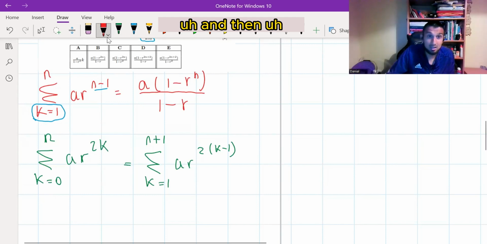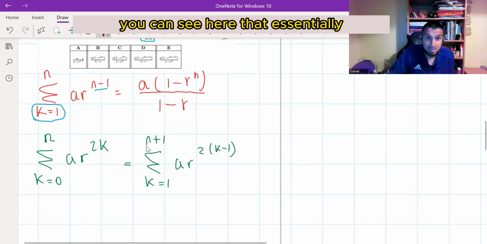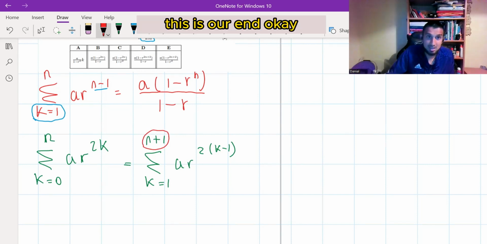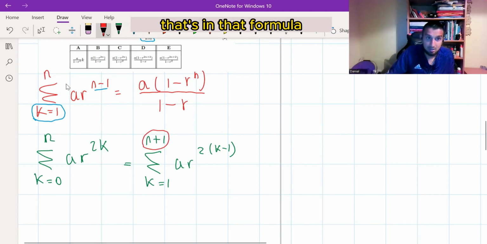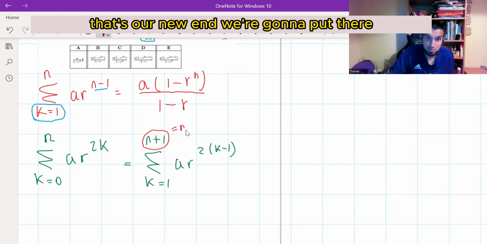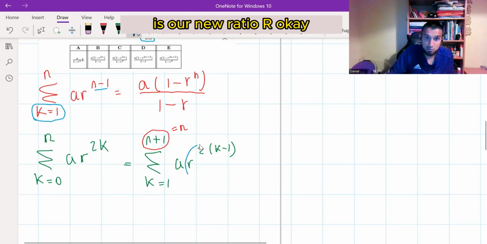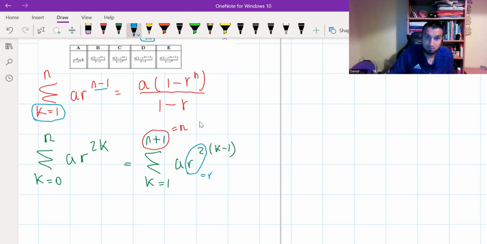And then you can see here that essentially this is our n, okay? That's in that formula. That's our new n that we're going to put there. And this is our new ratio r, okay? For that formula there.